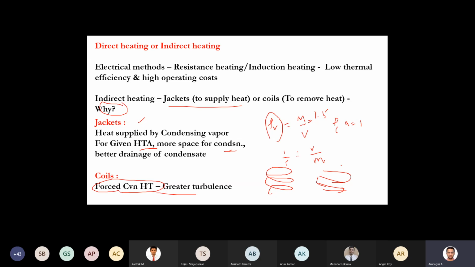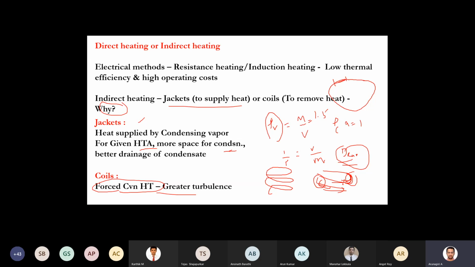You might have studied Dean's effect in the momentum transfer lab. Whenever you do experiments using spiral and helical coils, there will be a secondary circulatory motion because of the curvature of your coils. If the coil diameter is very big and you take a particular section, it would be almost linear.